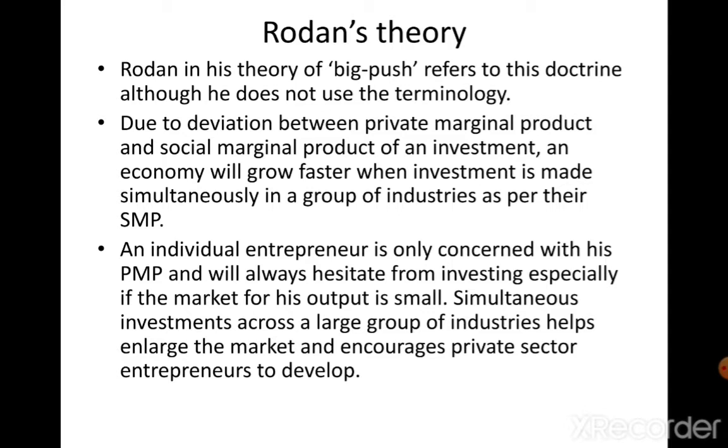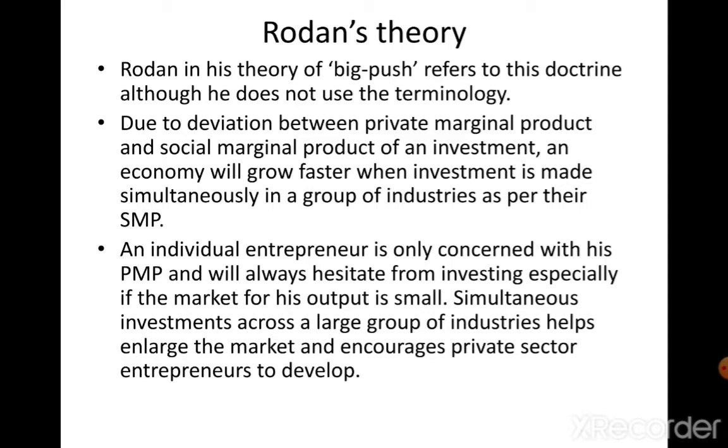When you have a larger number of people receiving incomes, willing to spend that income, you're increasing the aggregate demand at large and encouraging the market to expand. And if you have an assured market, the private sector entrepreneurs will also have an incentive to invest. So if it has to work out, all the investments in different sectors in different forms have to be done simultaneously.